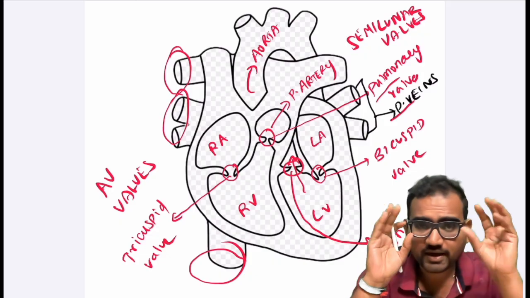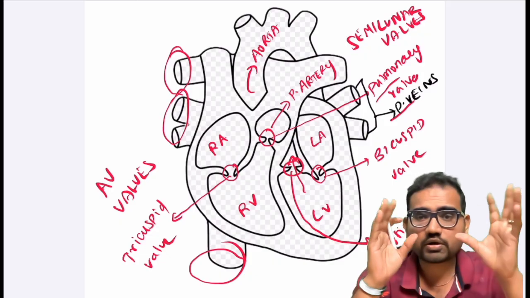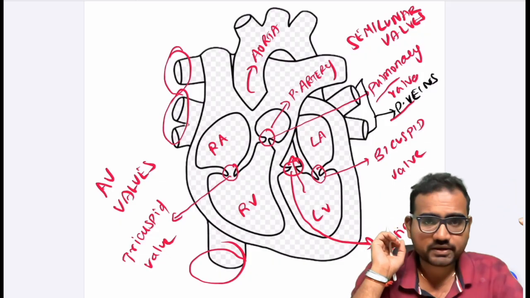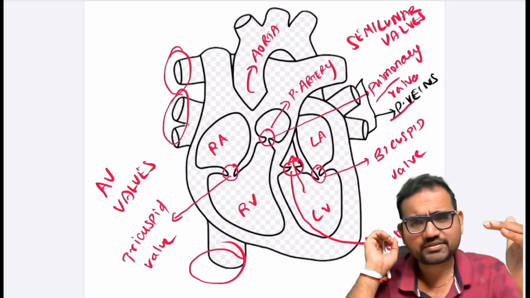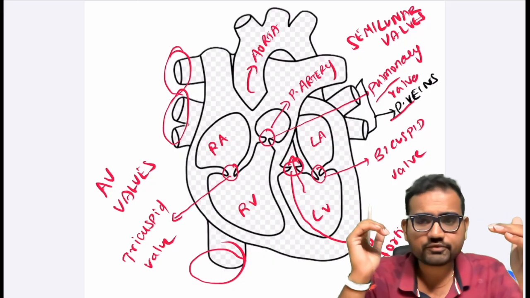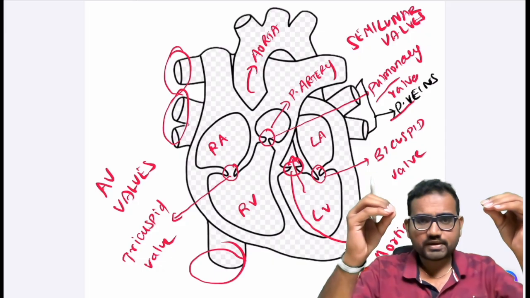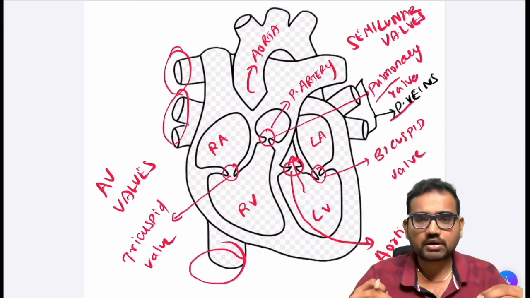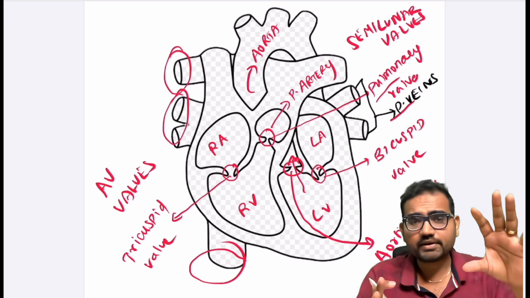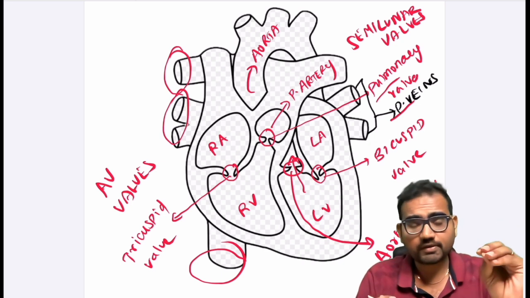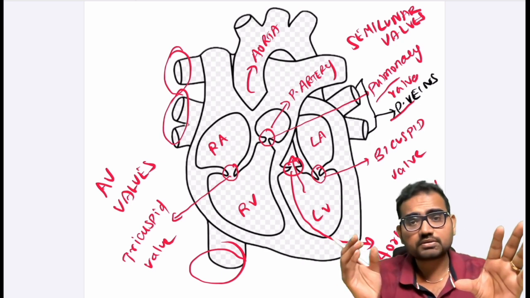So this is how the heart receives the blood. Always remember, the valves will open one way. Say, for example, the right atrium and right ventricle have a tricuspid valve, and the left atrium and left ventricle have a bicuspid valve. Only when both the valves open will the blood come down. It is not like the tricuspid valve will open and then later the bicuspid valve will open.